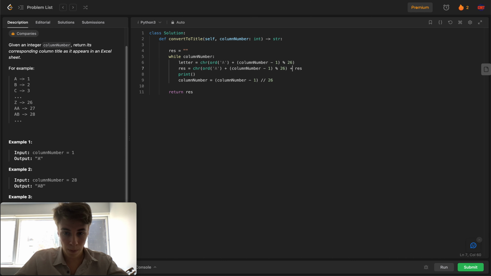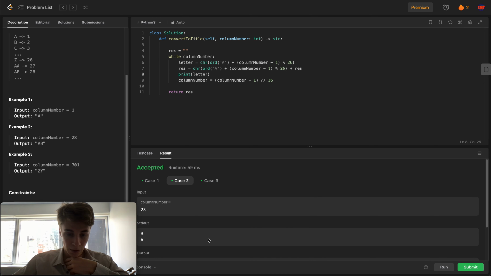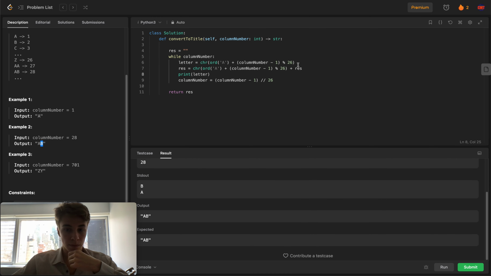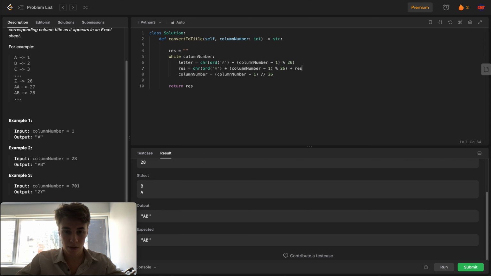We get BA, and the second one, BA. Taking the modulo always looks at the remainder, right? And the remainder of any number that is higher than 27 is going to be 1 through 26, right? 1 through 25, actually, or 0 through 25. So I have the minus here. Yeah, terrible explanation. I may not fully understand it myself.